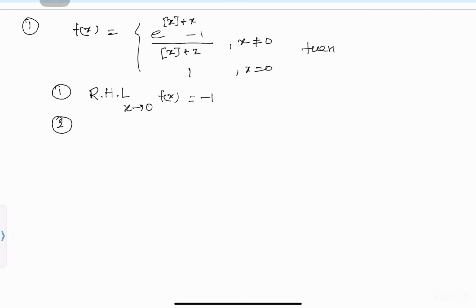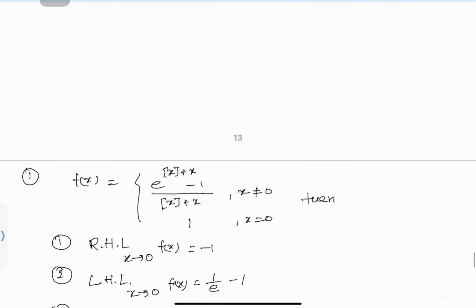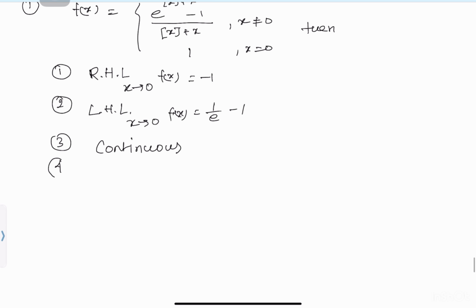Second option: the left hand limit at x tending to 0 of f of x is equal to 1 by e minus 1. Third: this function is continuous. And fourth option: this is discontinuous at x equal to 0.